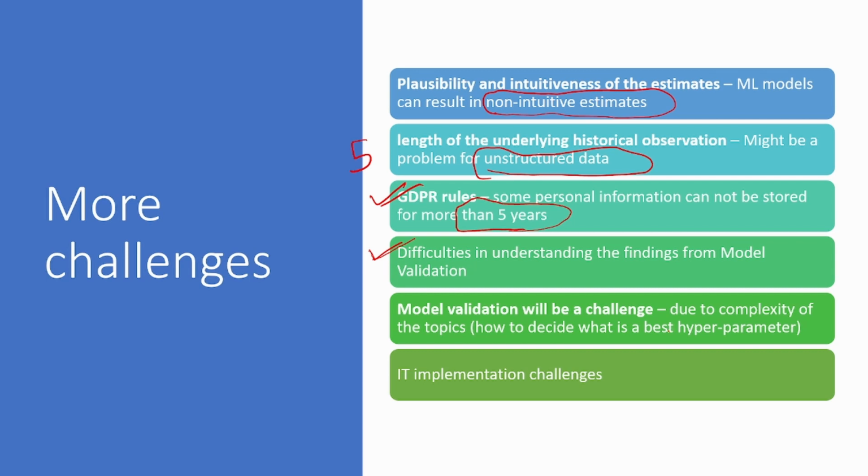Also, in some experiences I've heard, people have issues in validation. People also have issues in deciding how many risk drivers to use in the model, what the best set of risk drivers is. So these issues are not new. Even in traditional model development, you have these issues. Maybe you have more issues with machine learning models.